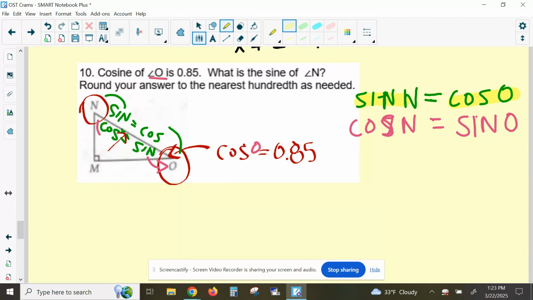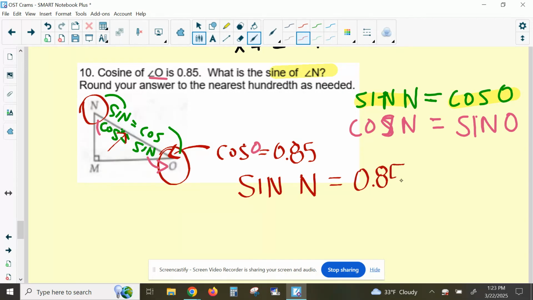That's equal to sine of N. Look, it's the exact same thing. So your answer is going to be the exact same number. So if cosine of O equals that, then sine of N is equal to the exact same thing, because these two are equal to each other.